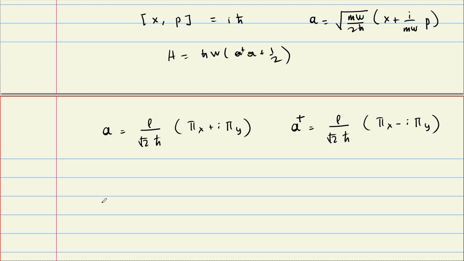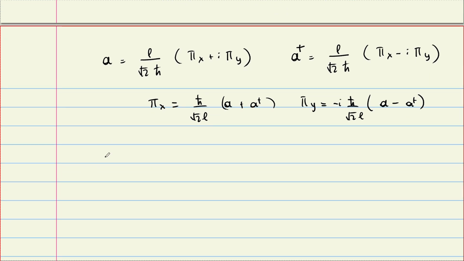From here you can calculate πx and πy. You can sum these two, and πx is going to be ħ over √2 L times (a plus a†), and πy is going to be minus iħ over √2 L times (a minus a†).